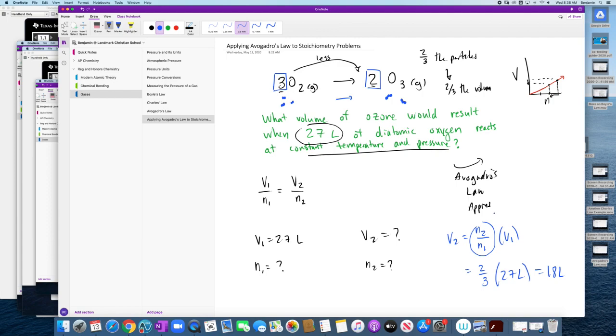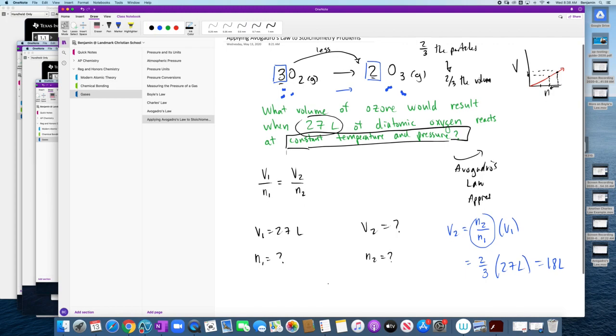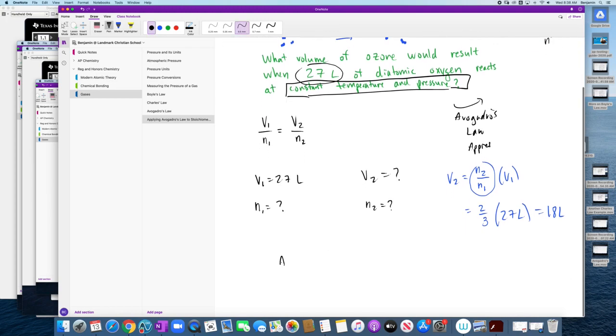This leads to an important result. Up until now, to do stoichiometry, I've emphasized that you need to know the numbers of moles, and we don't know the number of moles here. However, if you're at constant temperature and pressure, there's a neat shortcut, and it's because of Avogadro's law. The coefficients also represent the relative volumes.